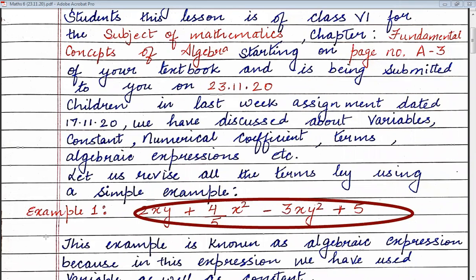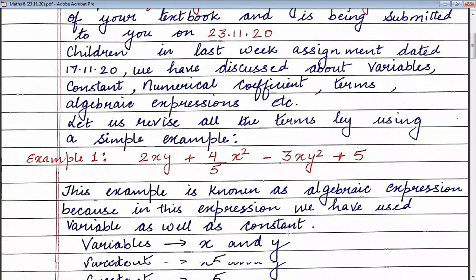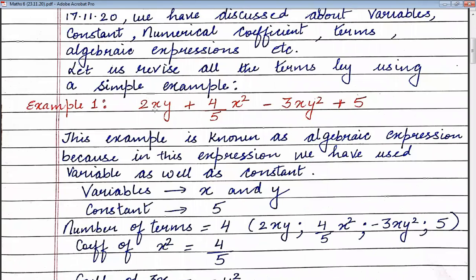Why is it an algebraic expression? Because we have used variables as well as a constant. So let us see what the variables are. You can easily check that the variables are x and y, because only two things are unknown here.